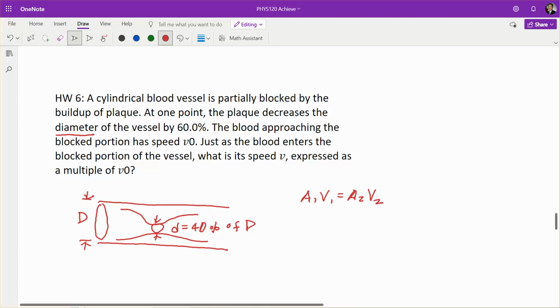A comes from the diameter, which is pi d squared divided by 4, and then you can find the result.